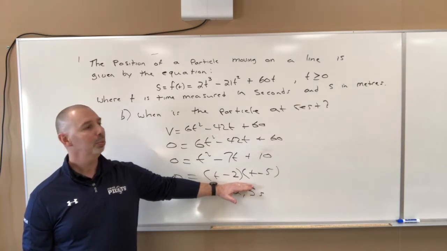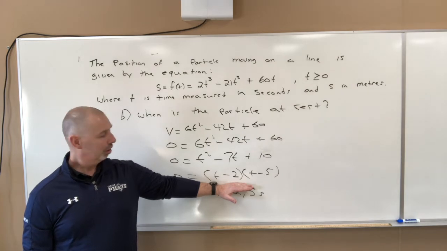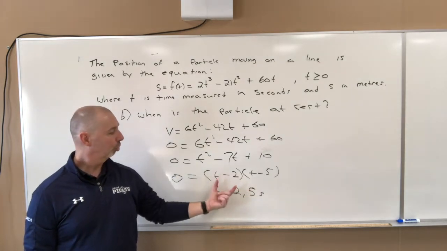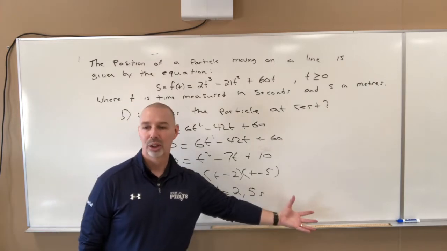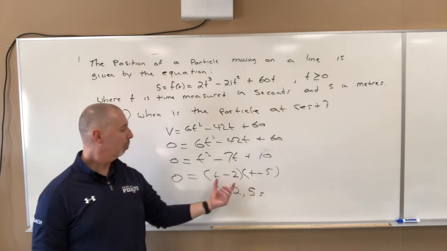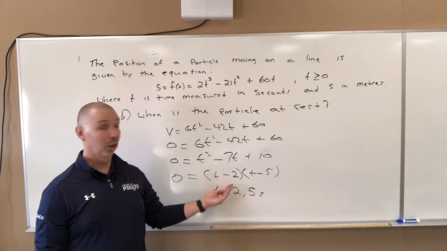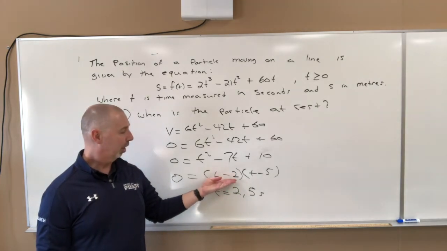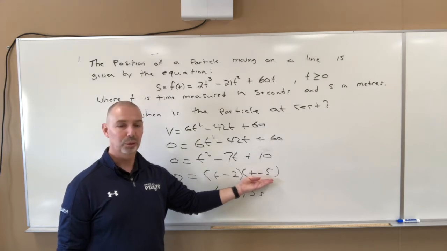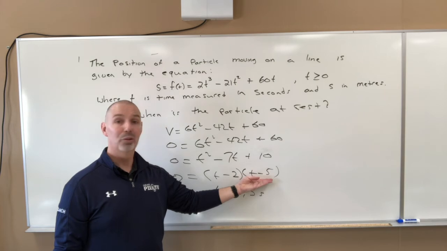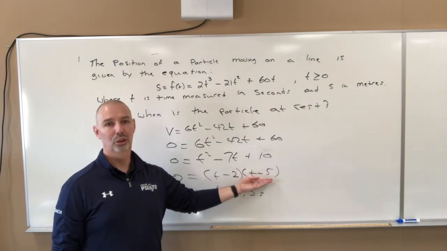And to do that, we simply pick times that are in between the intervals 0 to 2 seconds, between 2 and 5 seconds, and then greater than 5 seconds. And so if I pick a number between 0 and 2, like 1, then I will have a negative number inside this bracket and a negative number inside this bracket, and a negative times a negative would be positive. So this would tell me that it is moving in a positive direction between 0 and 2 seconds.